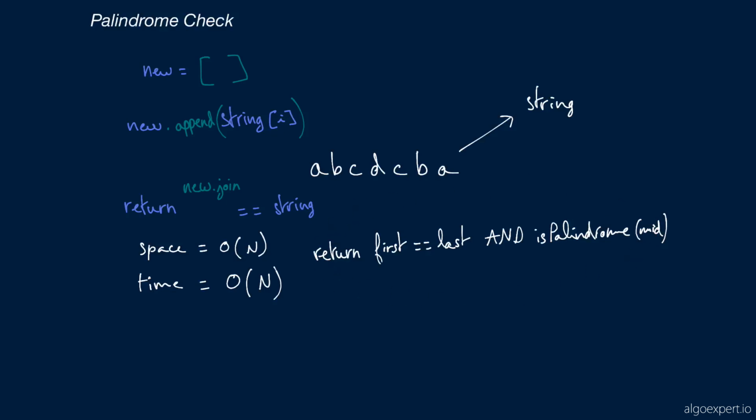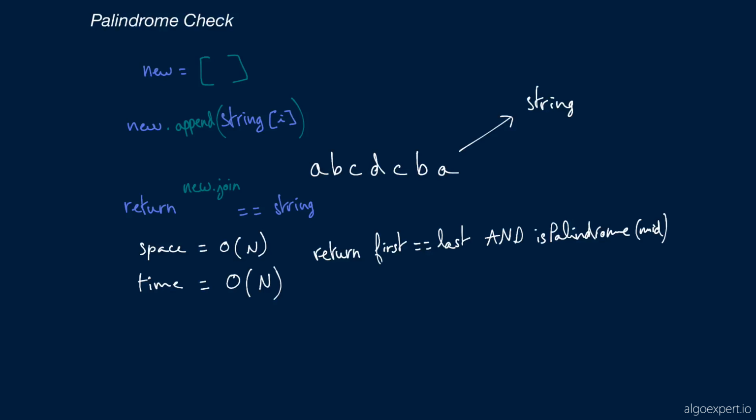Now, let's analyze this recursive solution in terms of space-time complexity. How does it fare against the others? Well, in terms of time, it seems like it's also going to be O of n.